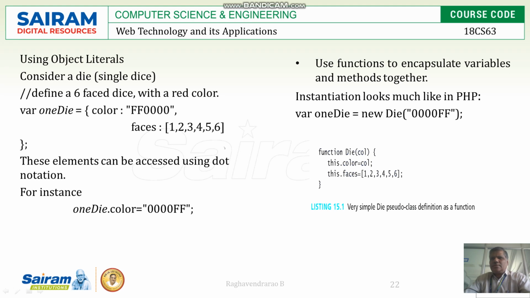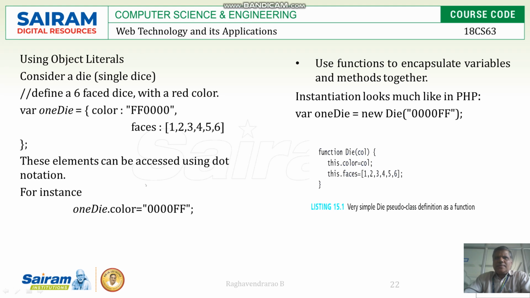How many times you will get that is the query. These elements can be accessed by using the dot notation. Once the die is thrown, one die dot color, when you get this color, that particular color name is going to be fetched.